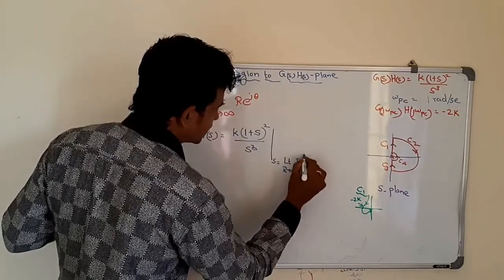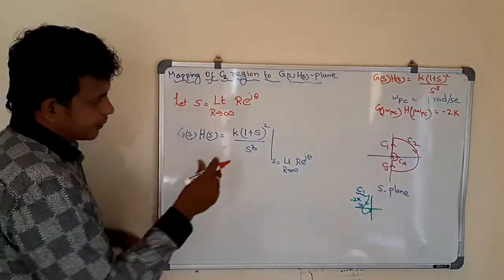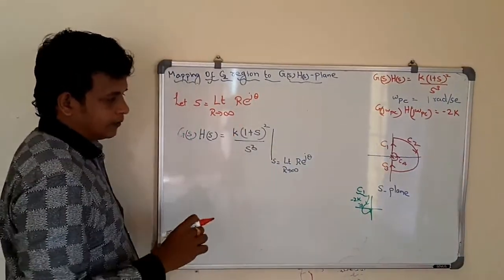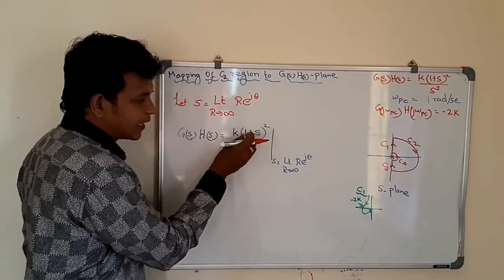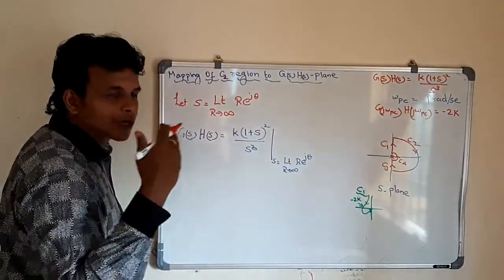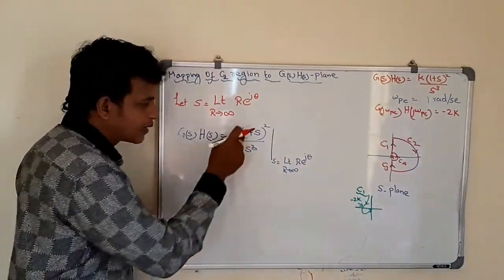So what happens here? I can replace s by r into e power j theta, and the value of r is infinity. When I compare infinity and 1, infinity is very very large compared to 1, otherwise 1 is very very negligible compared to infinity, so I can reject this 1.